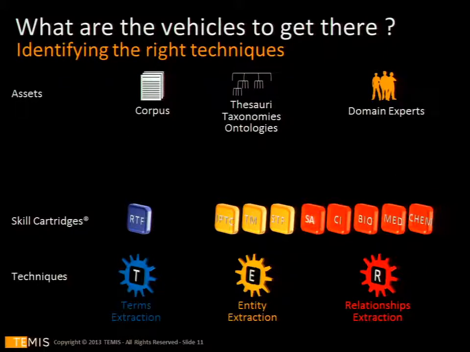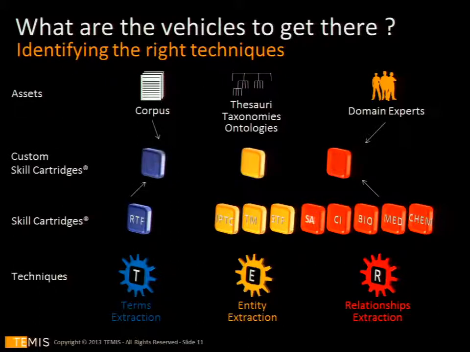Thesaurus, taxonomies, ontologies. Of course, this is very useful when you have them, because you can do a skill cartridge from them. And then the domain expert. In some cases, maybe there is no thesaurus, but you have some good domain experts, and we can work with them to define the extraction rules. So 3 different components.